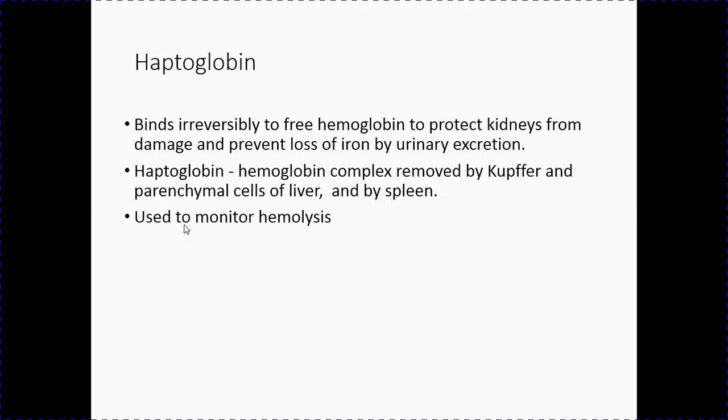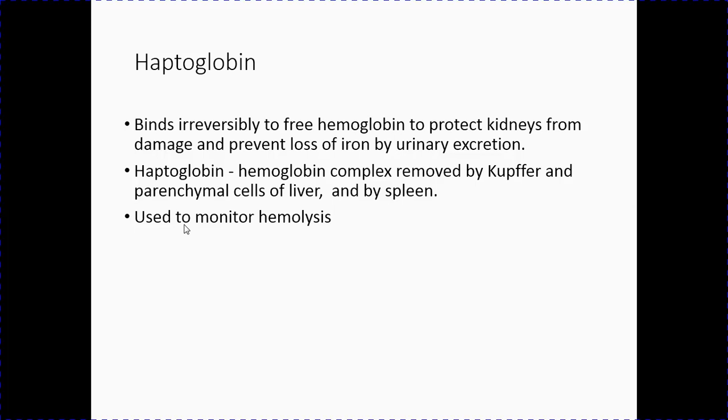Haptoglobin, we'll speak quickly about. It's a large alpha-2 globulin. What is its purpose? It binds irreversibly to free hemoglobin, and it protects the kidneys from damage. It additionally prevents loss of iron by excreting free hemoglobin out in urine. Your body is pretty protective of the things that it synthesizes, and hemoglobin, when it's synthesized, requires an awful lot to do it. It requires iron.